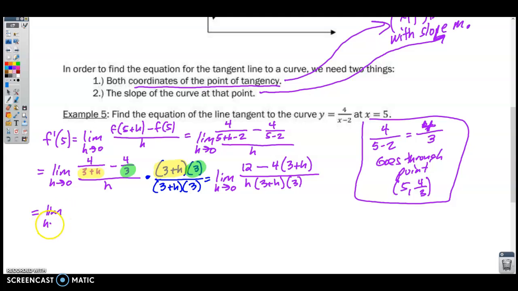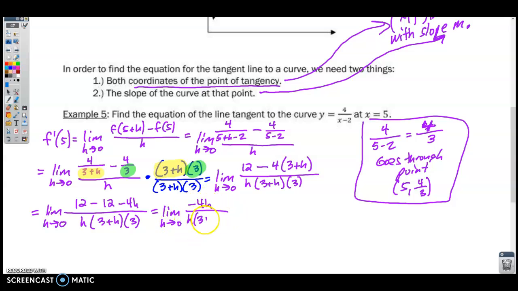So I've got the limit as h goes to 0 of 12 minus 4h all over h times 3 plus h times 3. And so that becomes the limit as h goes to 0 of negative 4h over h times 3 plus h times 3.